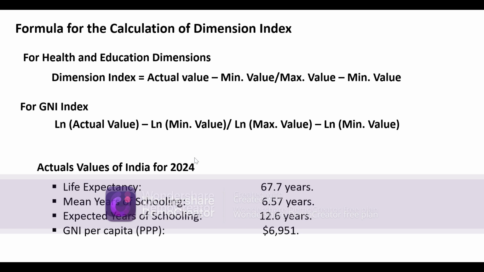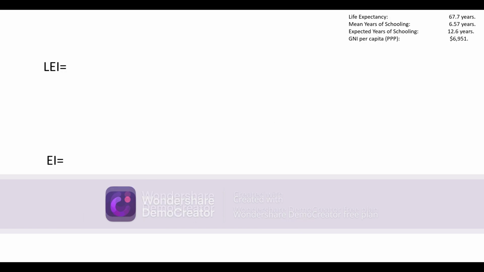To calculate the HDI, we take the actual values of India for 2024, where the life expectancy was 67.7 years, mean years of schooling was 6.57 years, expected years of schooling was 12.6 years, and the GNI per capita in PPP terms was 6,951 US dollars. By taking these actual numbers, let's estimate the HDI of India for 2024.